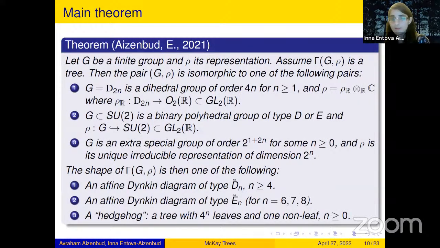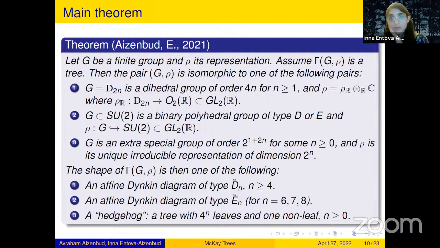So here is the main theorem. If we have a finite group and a complex representation so that the corresponding McKay graph is a tree, then we can immediately say the following. First of all, this representation rho will be irreducible and self-dual.